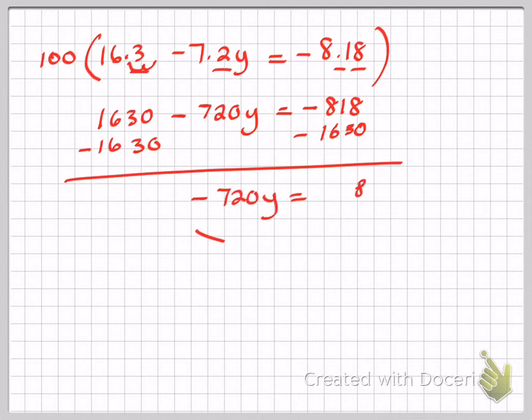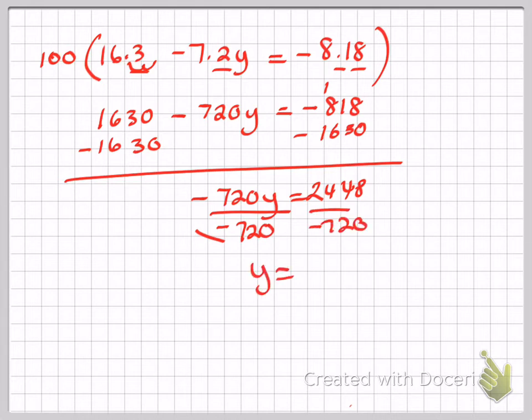It's 4. Carry the 1. Oh, wait. 2. Yes, there we go. Okay, questions. Now we are dividing by negative 720. Divide by negative 720. And y is equal to? Go, Miriam. 3 4/10.